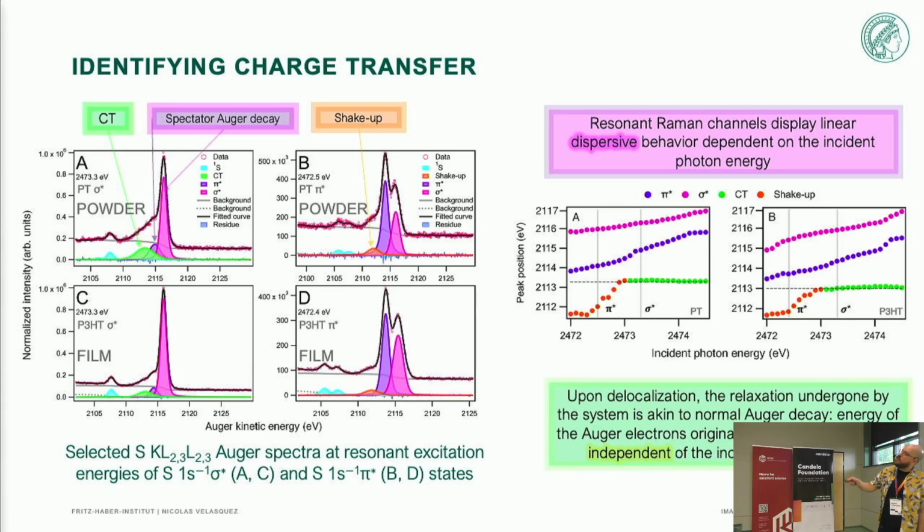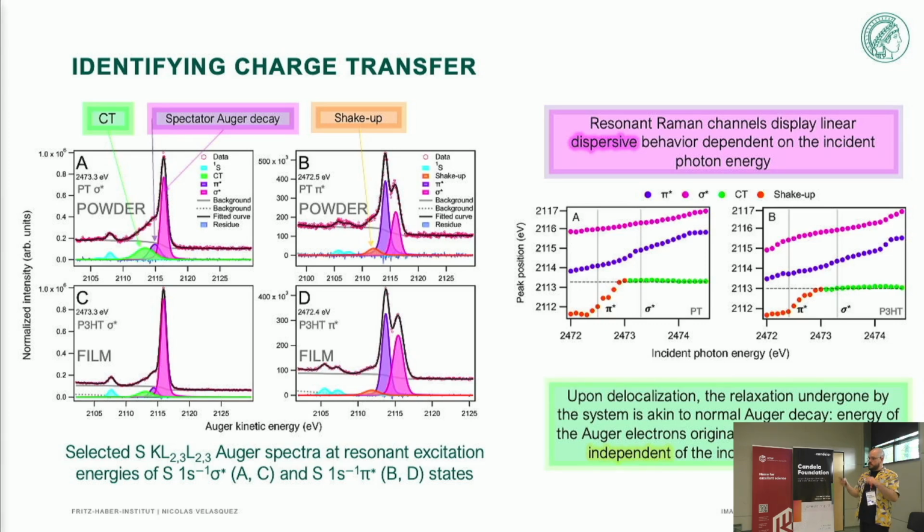On the left, we have the maximum or the resonant photon energy of the sigma star resonance. In this case, we have in pink the sigma star resonance, in purple the pi star resonance, and here we have the CT channel. And this we attributed, as I said, to charge transfer.